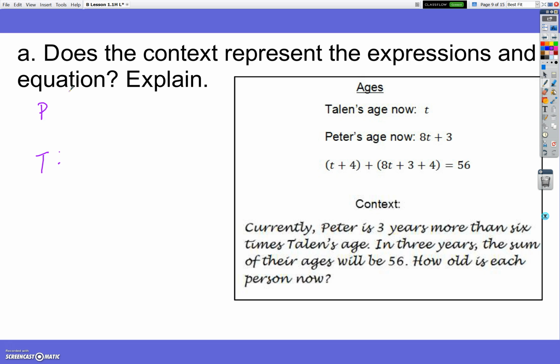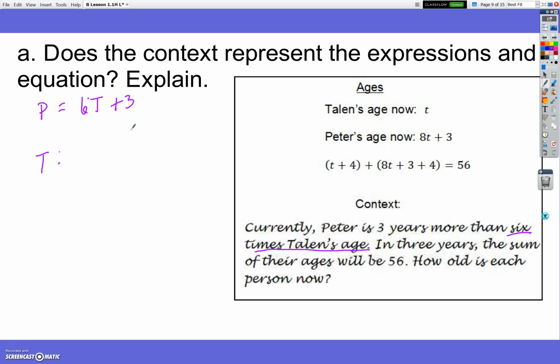So Peter is 3 years more than. Anytime you hear more than, you're going to have a plus 3 somewhere, or plus whatever the number says. More than 6 times Talon's age. So whatever Talon's age is, we're going to multiply that by 6.